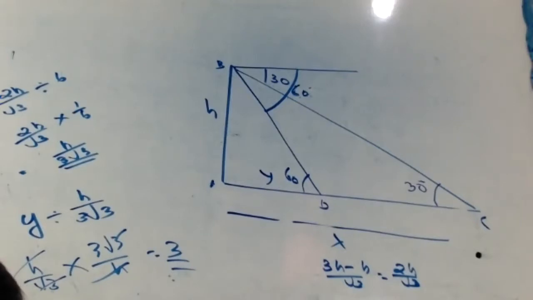Okay, once again. The angle of elevation of the top of a tower from a point A on the ground is 30 degrees.